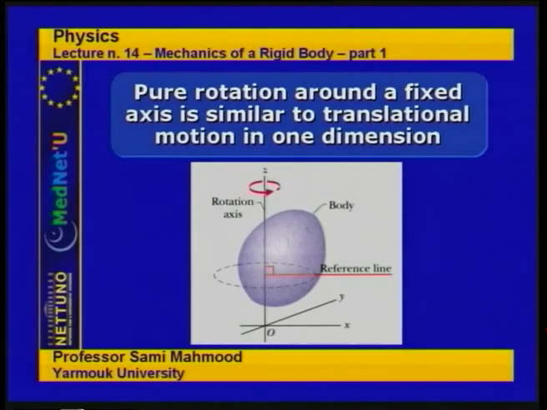And this reference line can be chosen any line, not necessarily this line that we show, because in such a motion, which is the rotation around a fixed axis, all the points of the body are rotating in the same fashion and covering the same angle during the same period of time. So we don't care about the reference point, but we select a convenient one.